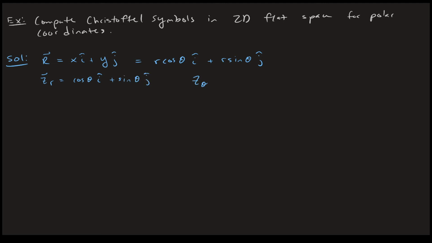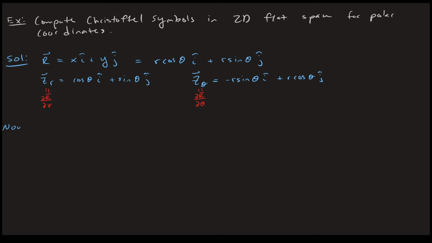And z sub theta is equal to negative r sine theta i hat plus r cosine theta j hat. So those are our two basis vectors. And well, how do you get those? Don't forget, this is just partial r, partial little r, and this is partial capital R, partial theta. So that's how we got those.